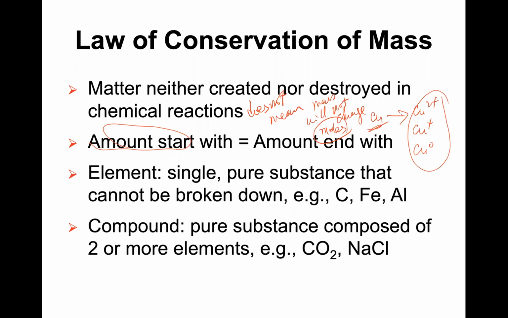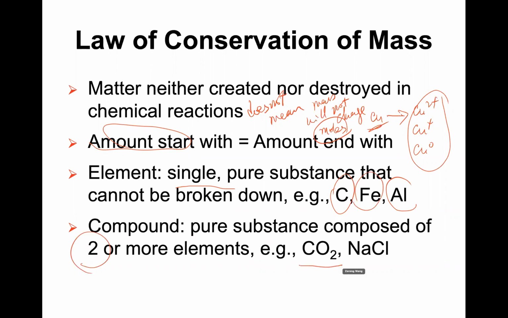Anyway, elements are single pure substances that you cannot break down further, for example copper, carbon, iron, and aluminum. Compounds are pure substances composed of at least two or more elements.